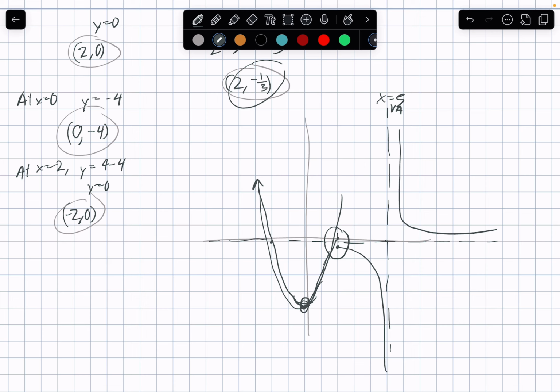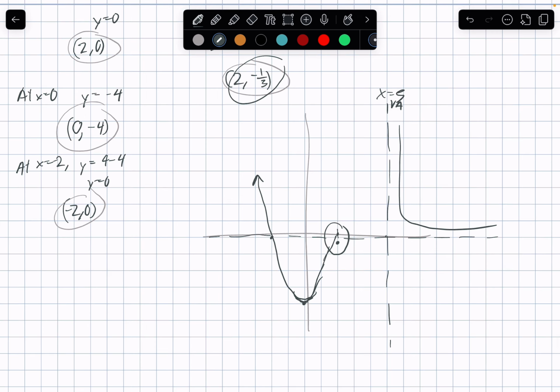So you're able to identify that the graph is not supposed to look like this for the infinite part. It's supposed to look like that because of this point. It makes more sense, if you get what I mean.